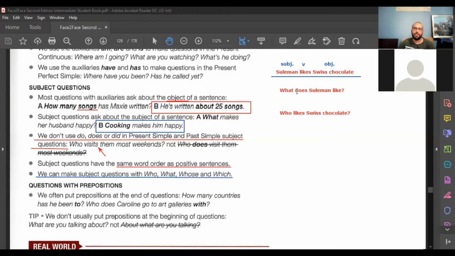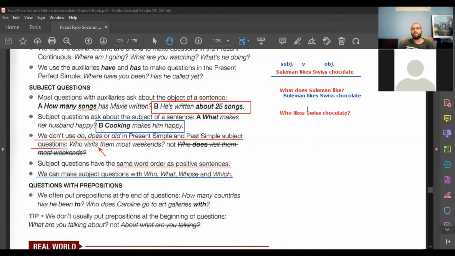Now, can you answer the first question? What does Sulaiman like? And can you give me a full answer? Sulaiman likes Swiss chocolate. That's it. The answer is of course correct.